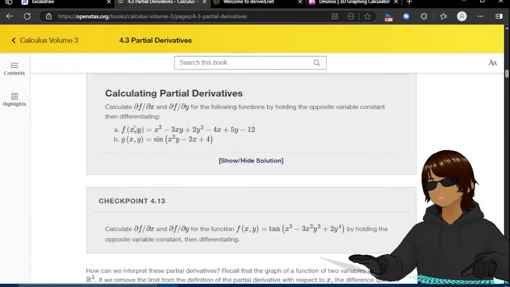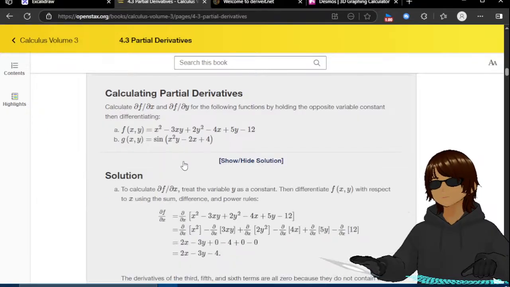So over here, with respect to x, we will have, isn't this the same thing? Okay, for this, we will have the derivative of the outside, so it will become cos of x squared y minus 2x plus 4. And then the derivative of the inside, 2xy minus 2.